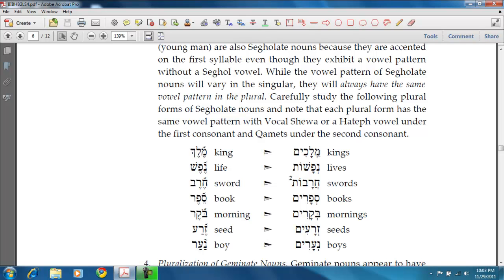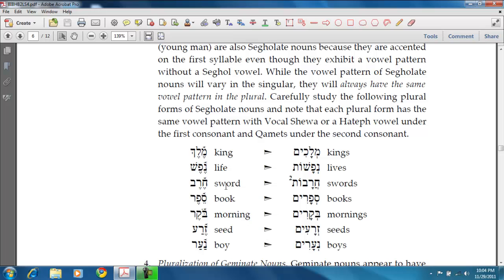So it reduces to a shva under your propretonic syllable, and then you have your qamets under your pretonic syllable, and then your last syllable with the masculine plural ending on it. Same thing for nefesh, for life. You have the shva under the nun, the qamets under the pe, the shin, and then the holem vav tav, because this is a feminine plural noun here. Lives.